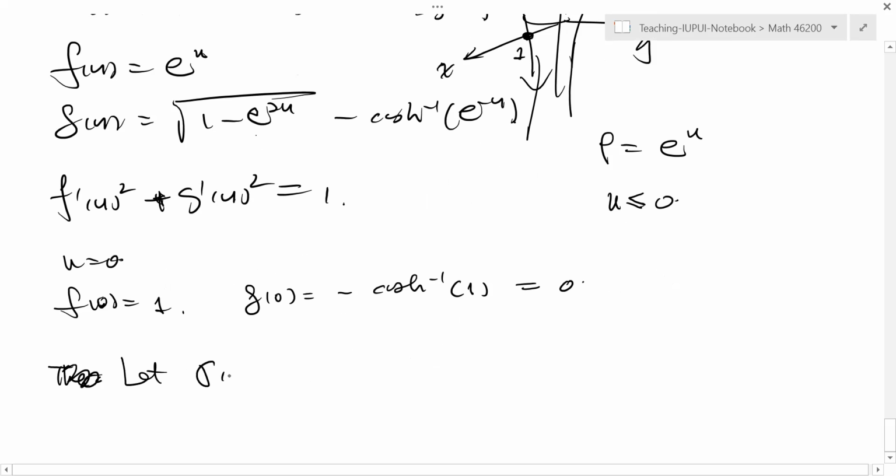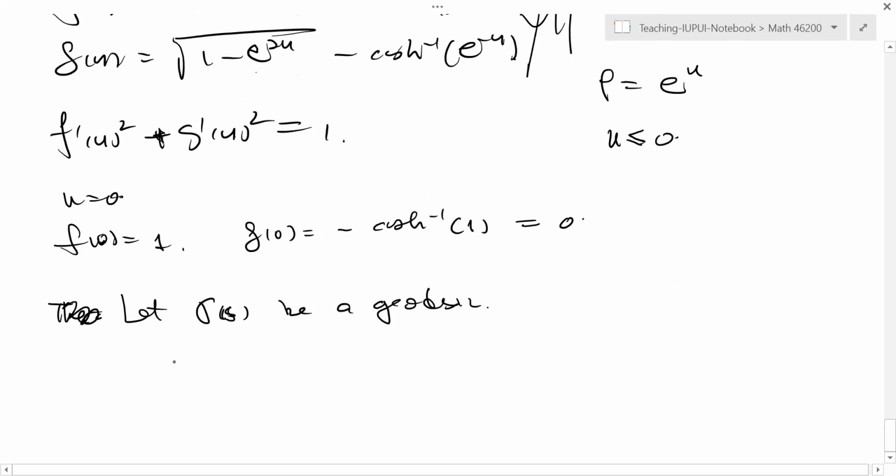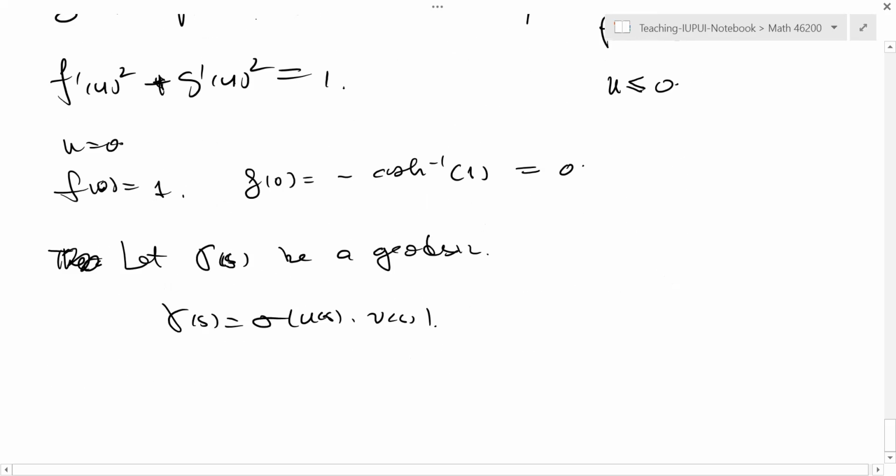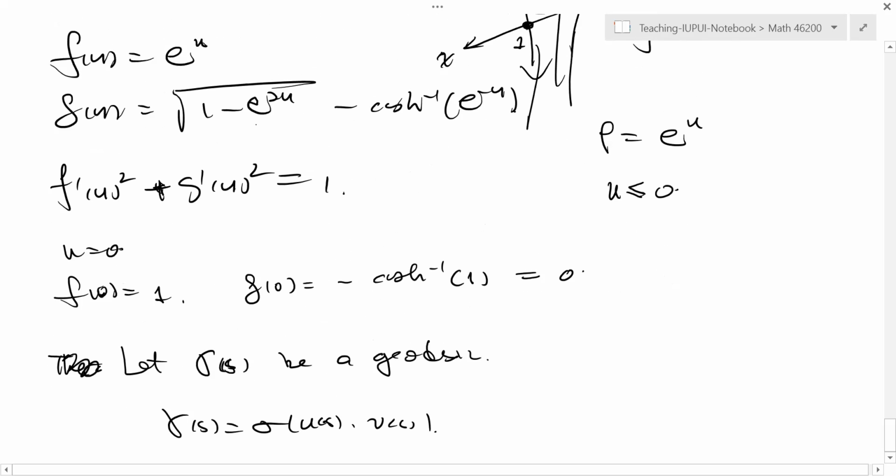Let gamma of s be a geodesic. Then gamma of s is going to be sigma of u of s, and so on.